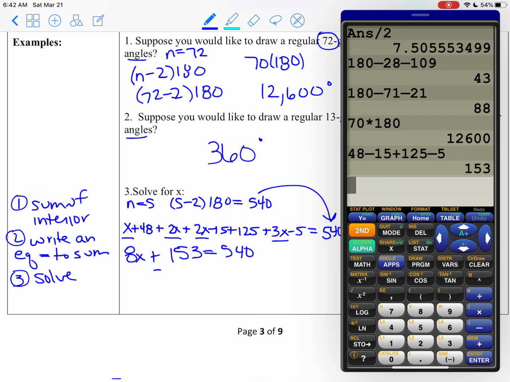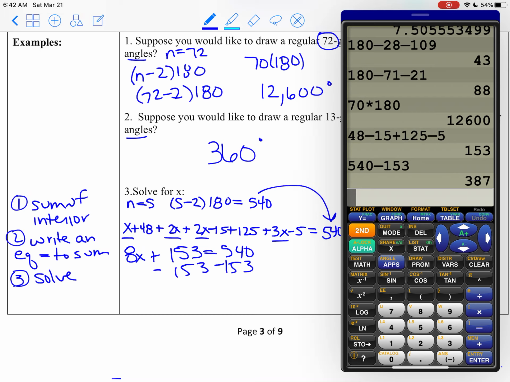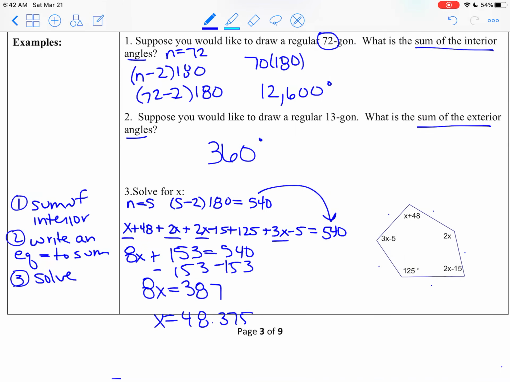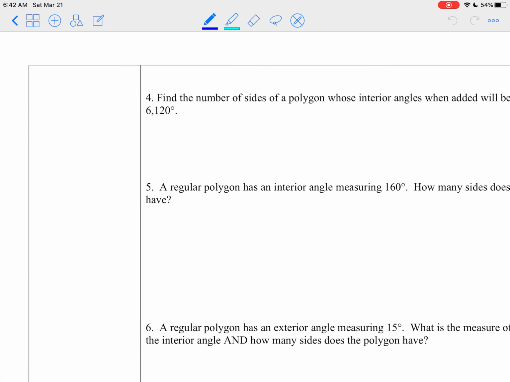Solve for x. Minus 153, and I get 8x equals 387. Divided by 8, and x equals 48.375. Okay, that's it. That one's done.